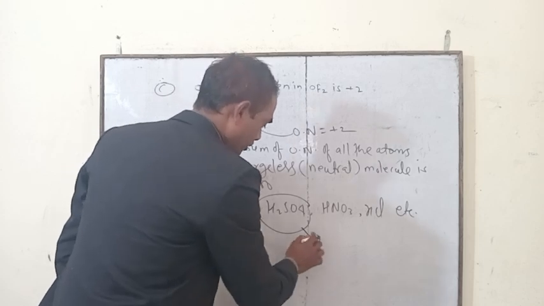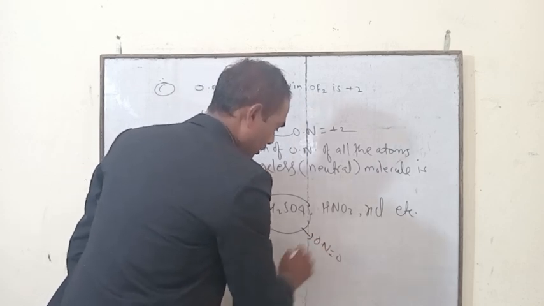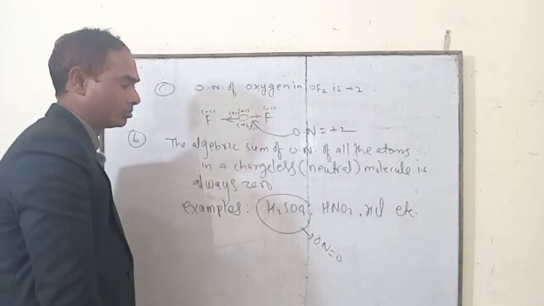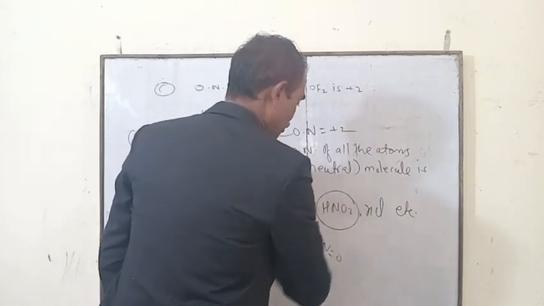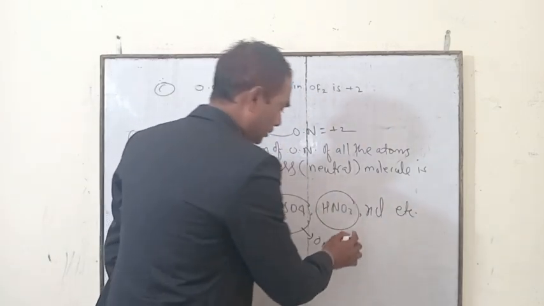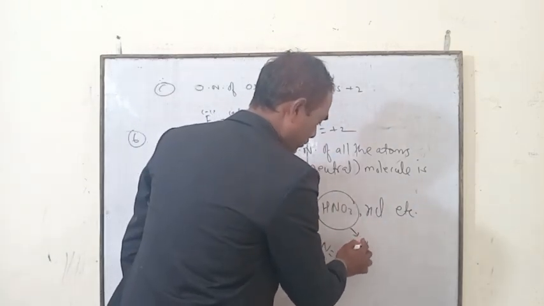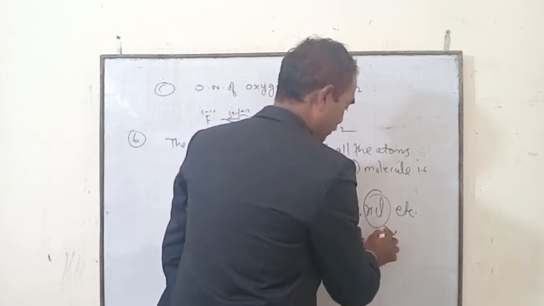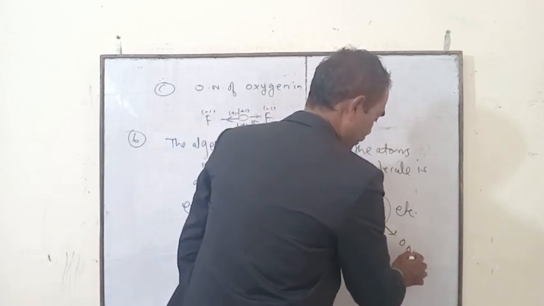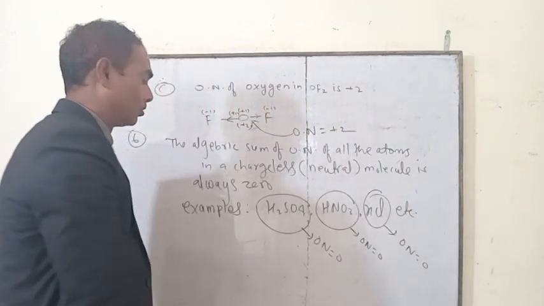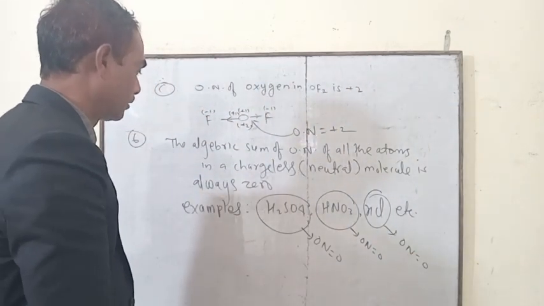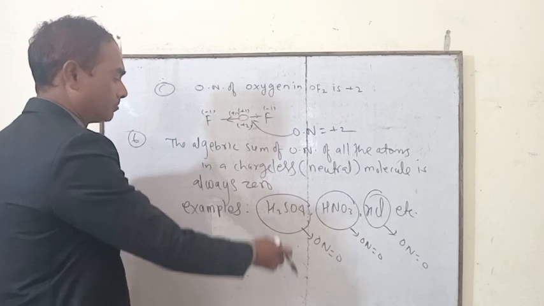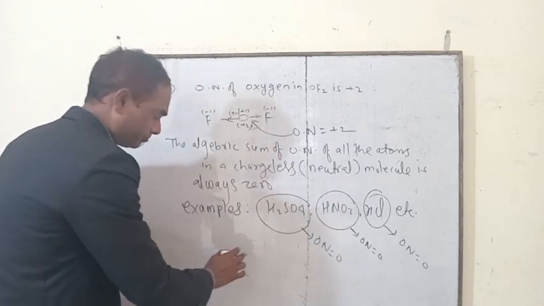That's why oxidation number of this molecule is equal to 0. Here there is no presence of any charge, that's why oxidation number is equal to 0. How will you prove that oxidation number of sulfuric acid molecule is equal to 0?